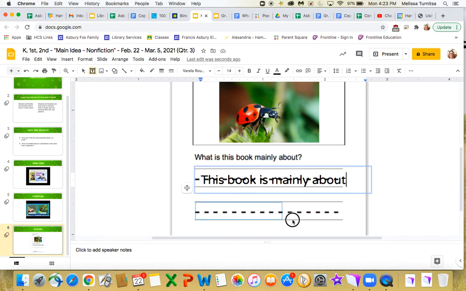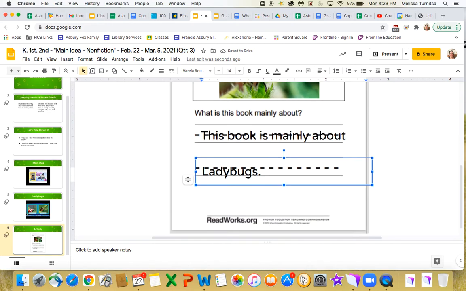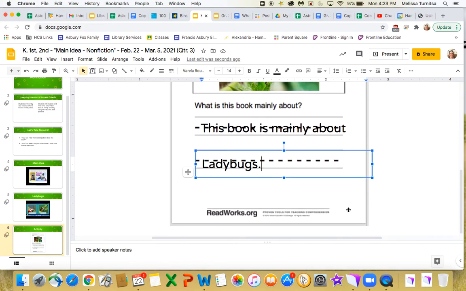ladybugs. Good job, guys. So what I would like for you guys to do is you can either use your own piece of paper or you can print a copy of this out on the Google Classroom and you can write what Miss T is typing in here. This book is mainly about ladybugs. And if you would like to add another sentence, a fact about ladybugs from the book, that would be wonderful.